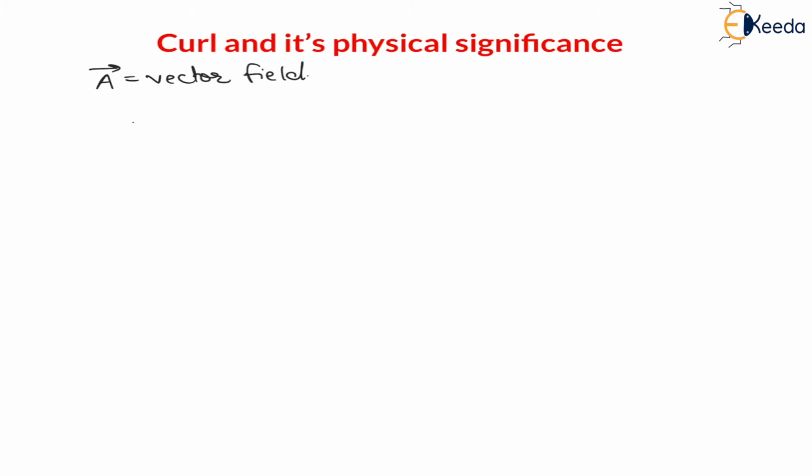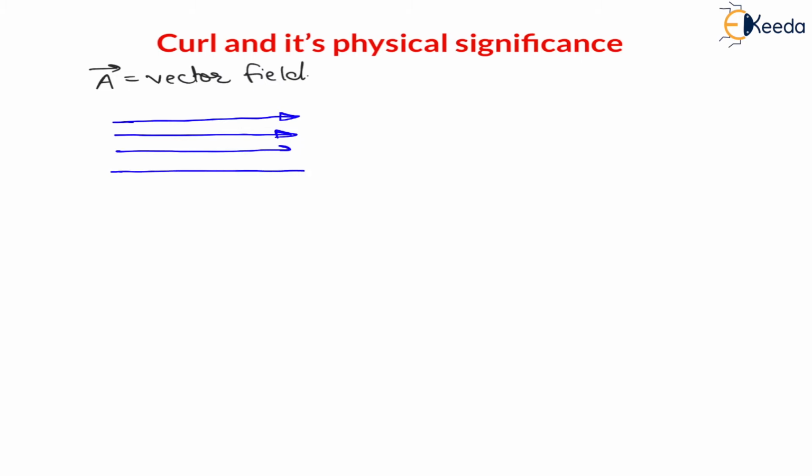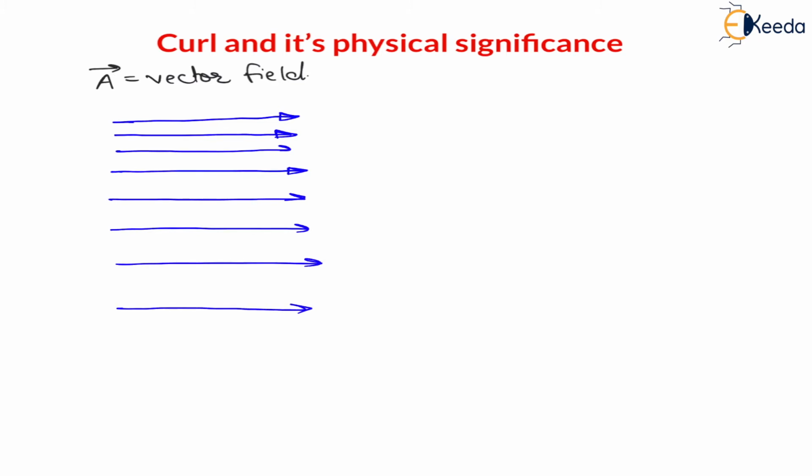So on top the lines will be very close, and slowly the distance between lines increases because the magnitude or strength of the field is decreasing. Whenever the lines are very close to each other, at this location the strength of the vector field is more, means on top the strength is more, and on bottom the strength of this vector field A is less, right?